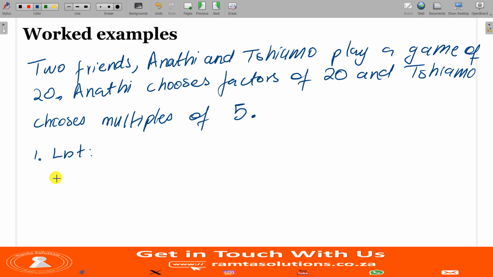First question: 1.1, list the factors of 20. 1.2, list the multiples of 5.